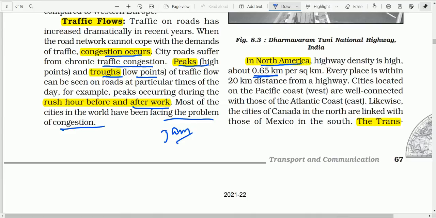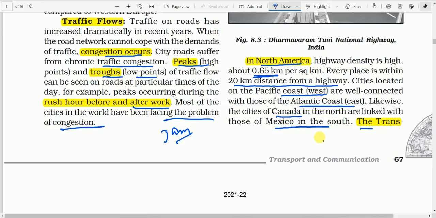Every place is within 20 kilometers of a highway in North America. Cities located on the Pacific coast, that is the west coast, are well connected with those of the Atlantic east coast. Likewise, cities of Canada in the north are linked with those of Mexico in the south.